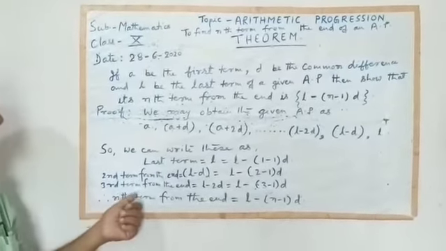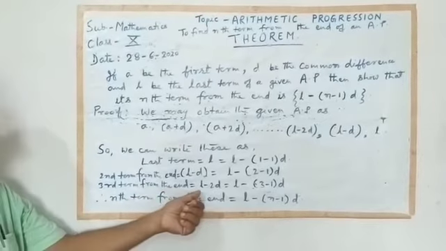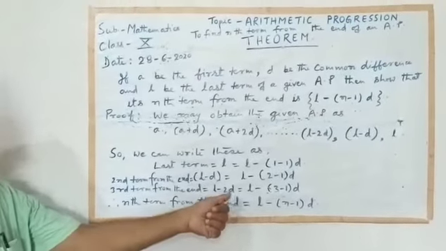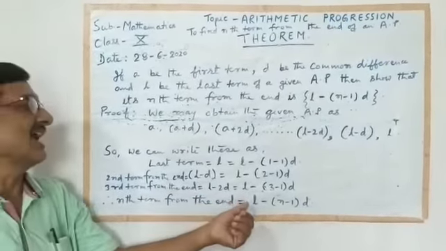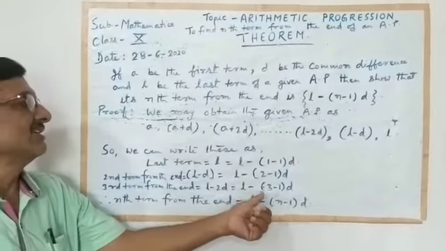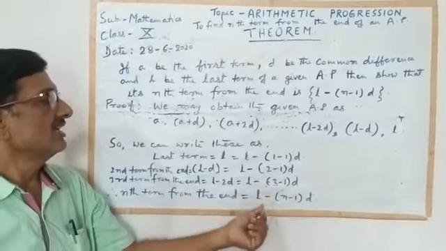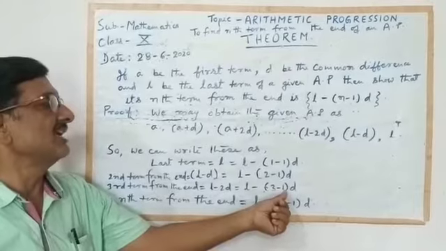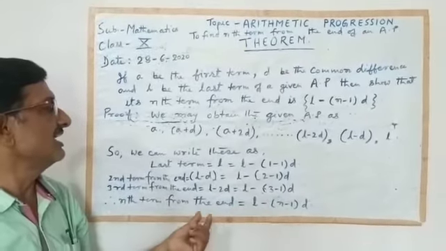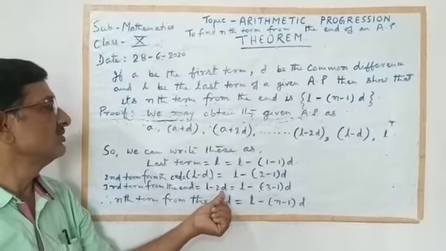Similarly, the third term from the end is L minus 2D. That can be written as L minus (3 minus 1) into D. Here 3 minus 1 will give you 2, so the result will be L minus 2D.